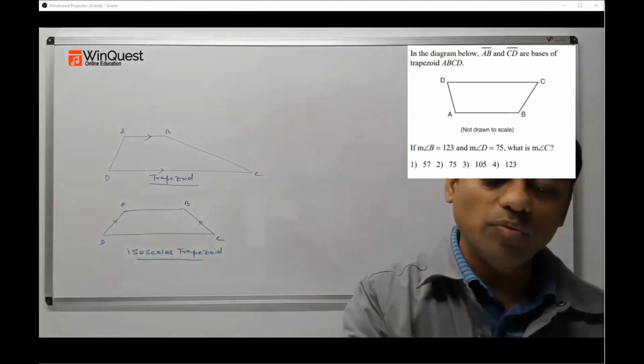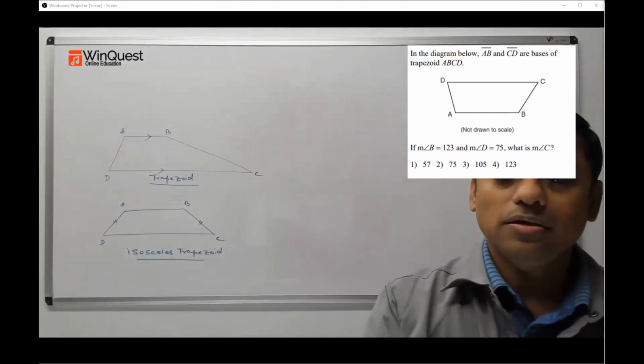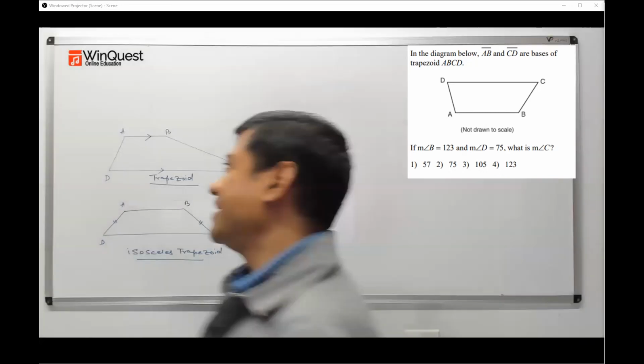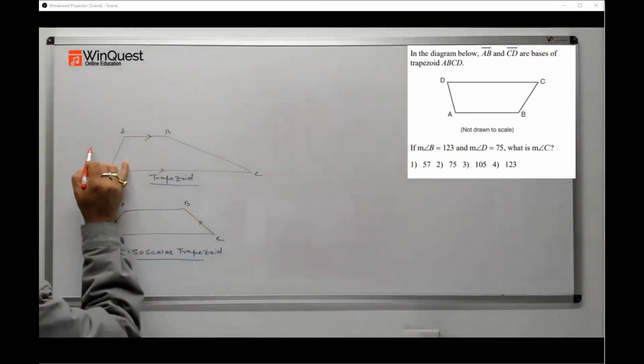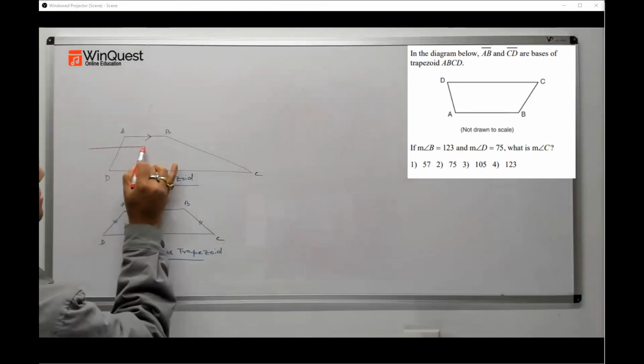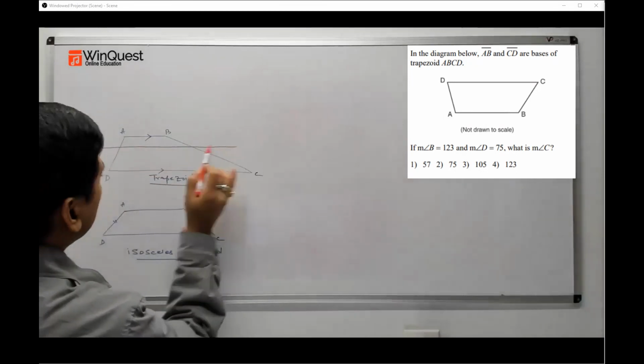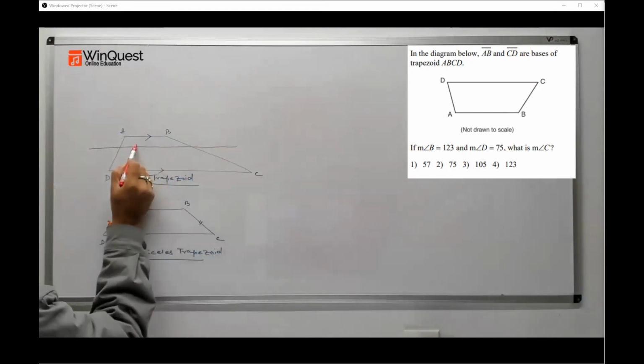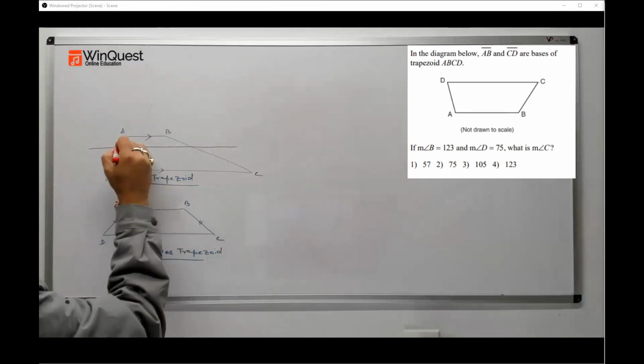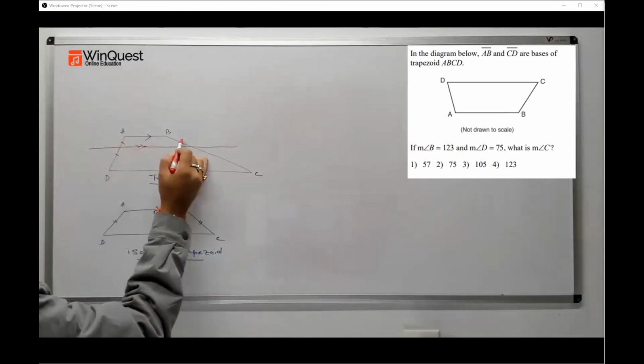If you can remember one more property, if we have a straight line passing through like this, and these two are parallel, this is also parallel with these two, then the proportion of this by this is equal to this by this.